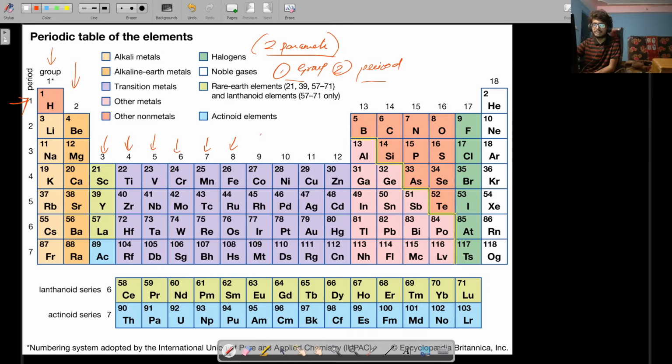So these all are the groups of a periodic table. Everything in this line belongs to group number 1, every element in this vertical line belongs to the second group, similarly the third group, fourth group, and it goes to group number 18.